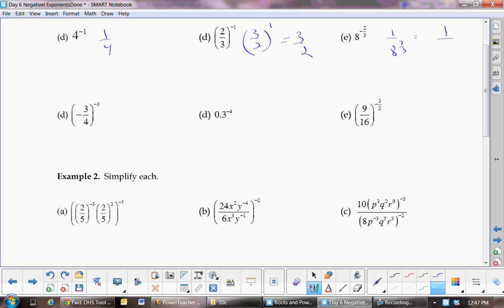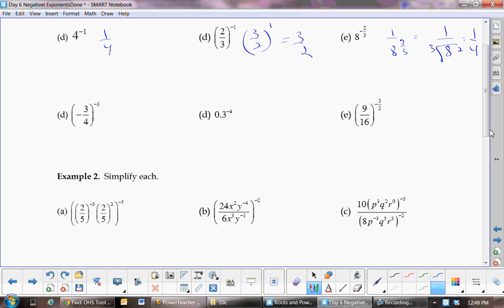That means 1 over, what's going on the outside? 3 and 2, right? So the cube root of 8, 2 squared, so this would equal 1 over 4. I just want them positive right now, and then we will worry about simplifying.